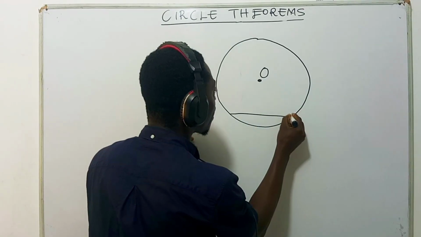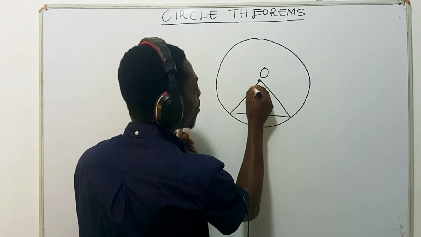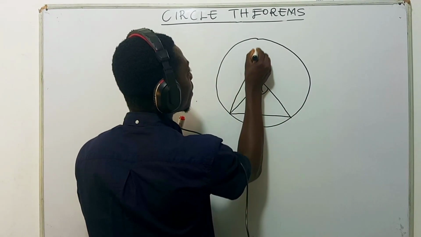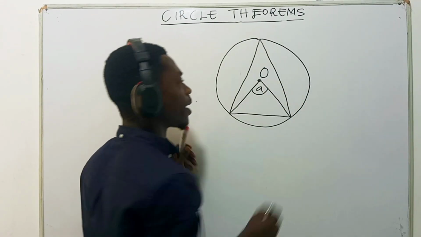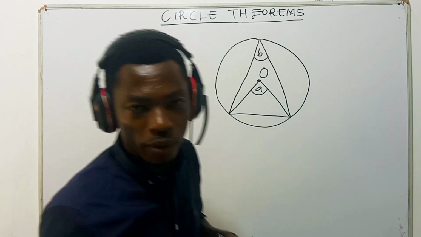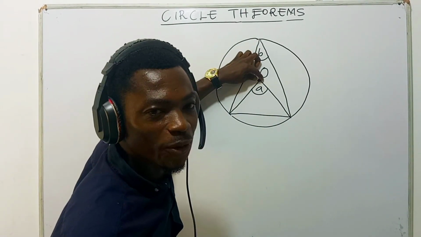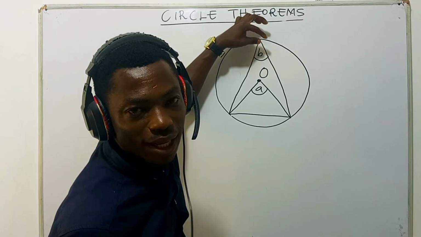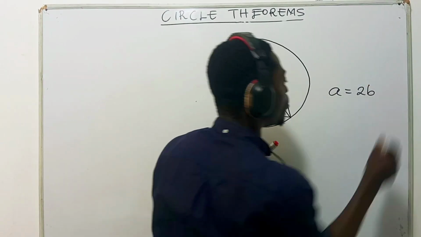It creates an angle at the center like this, which we name A, and at the same time it creates an angle at the circumference like that, which we call B. The second theorem says that the angle this chord forms at the center of the circle is twice the angle it forms at the circumference, meaning A is equal to 2B.